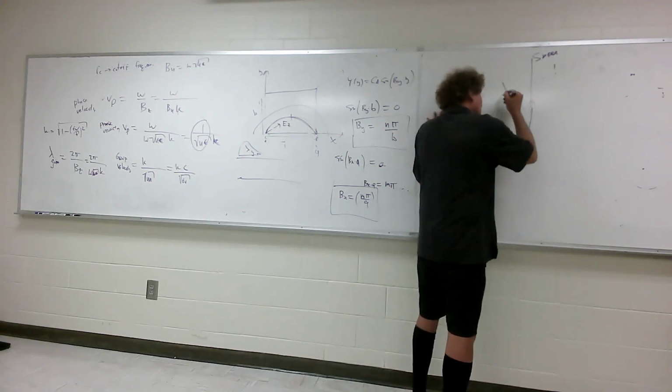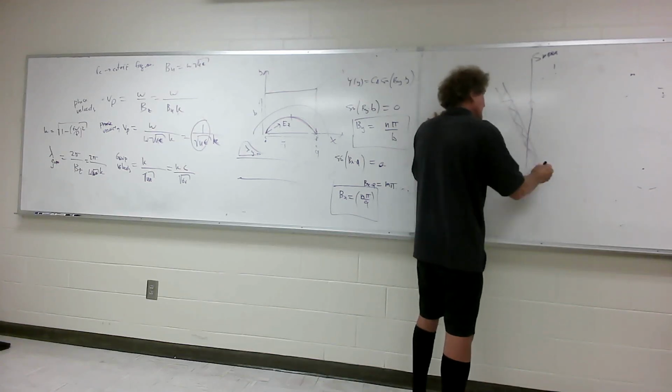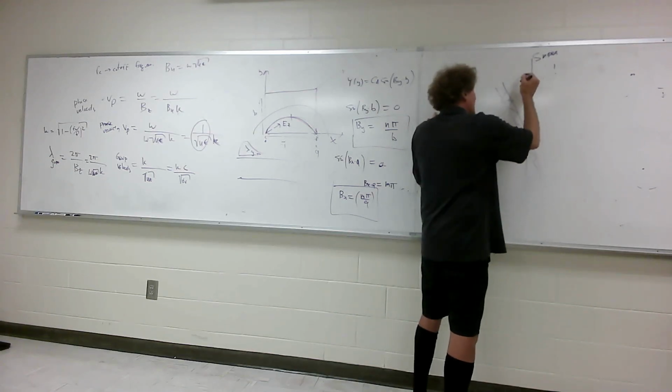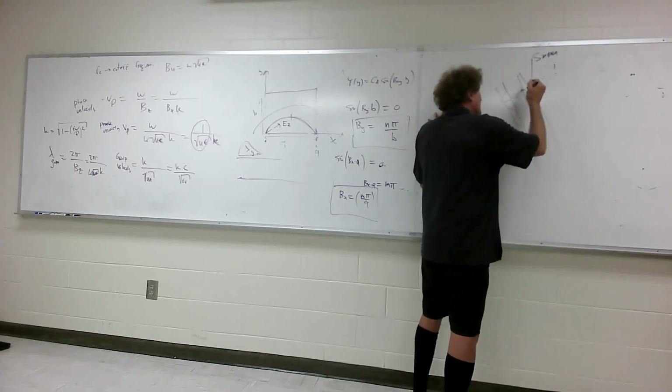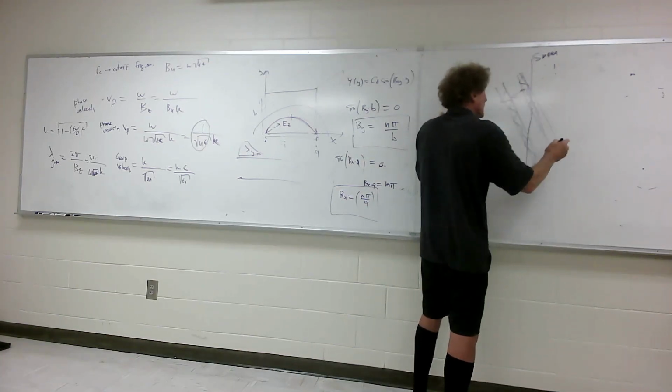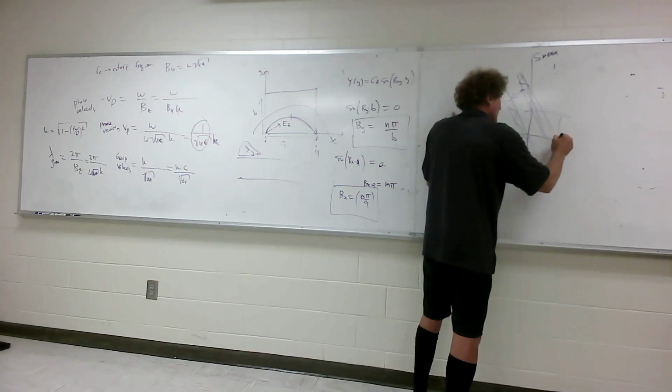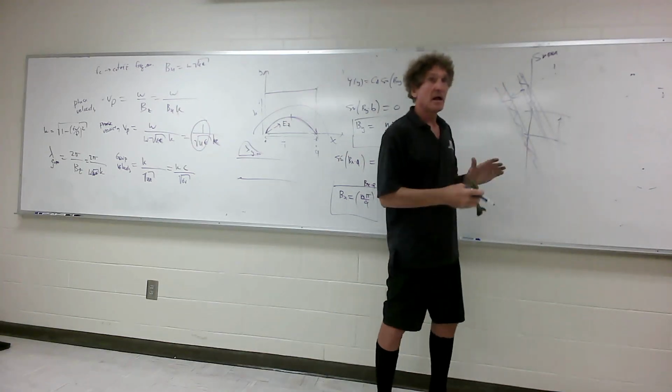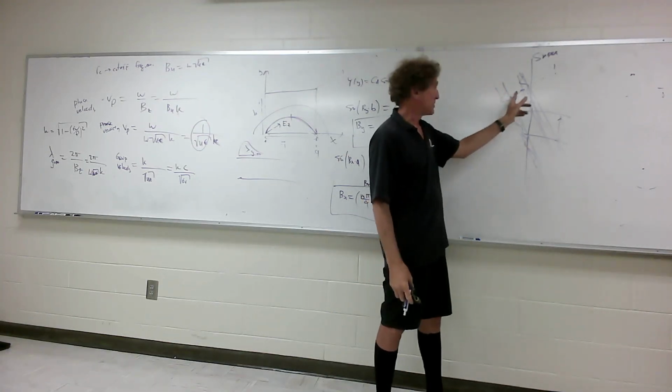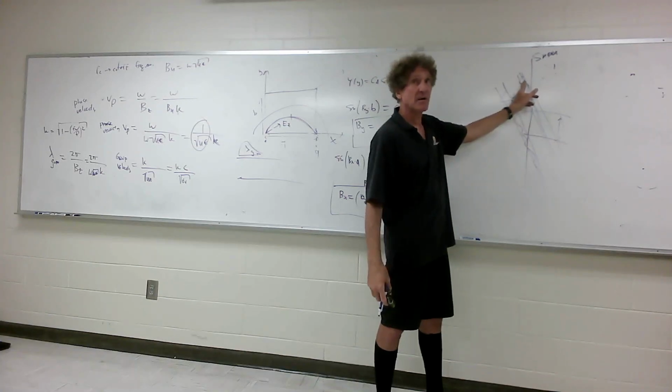Suppose I have something like this. Here's my phase front. And now I'm going to only move a small distance here. Look at how much of a distance I move here. You all see that? That distance moved between here and here, assume a certain amount of time happened.